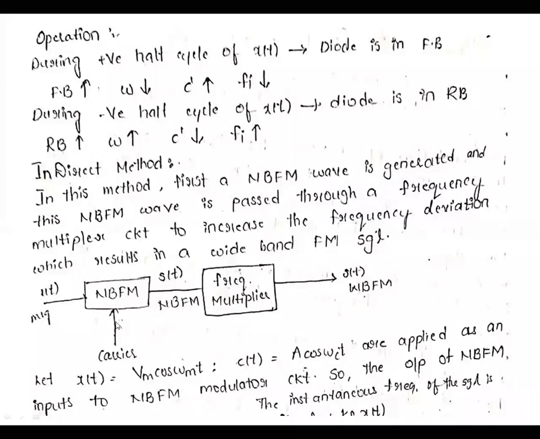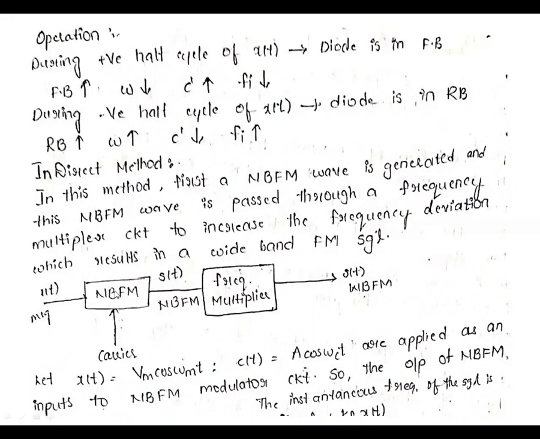In the block diagram, the MOFT signal is given to the narrowband FM first, with the narrowband carrier. Narrowband FM is like AM signal generation, and a balanced modulator is also used.